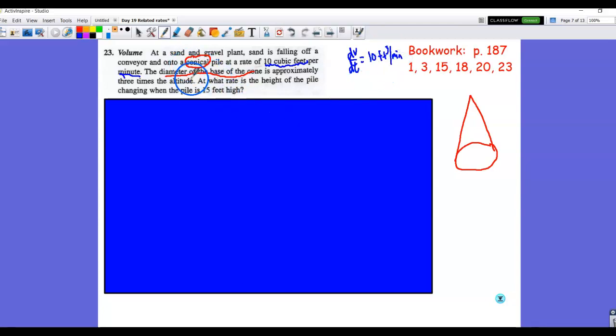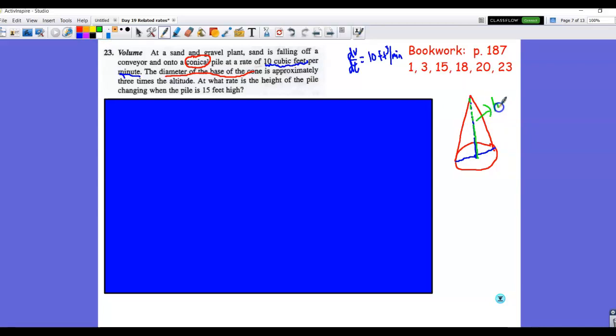The diameter of the base of the cone is approximately 3 times the altitude. So let's talk about that for just a second. The diameter is the distance, as you know, all the way across a circle. So there's your diameter. And the height of the cone is from the tip perpendicular to the diameter. So there's the height, maybe I'll do that in green.